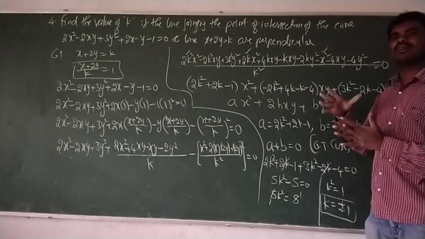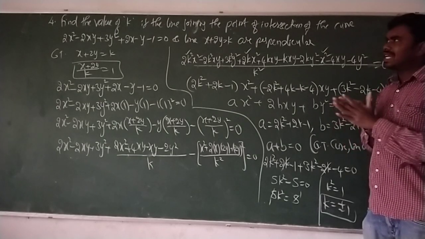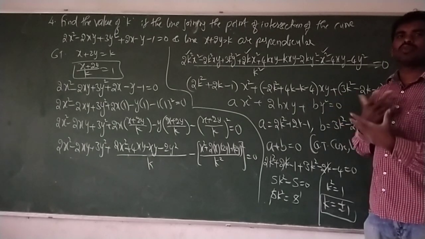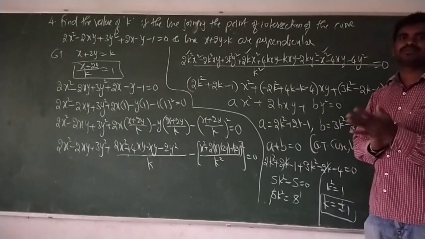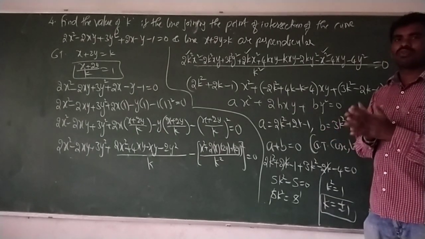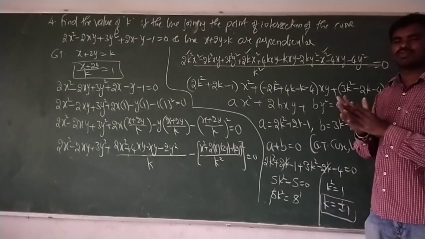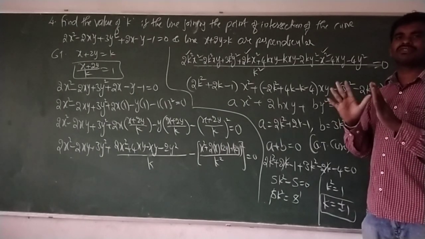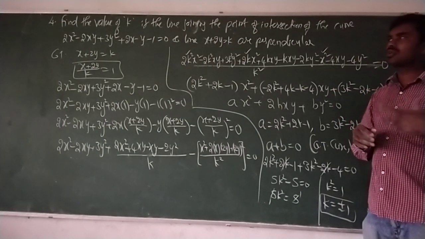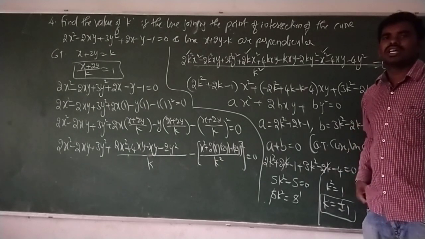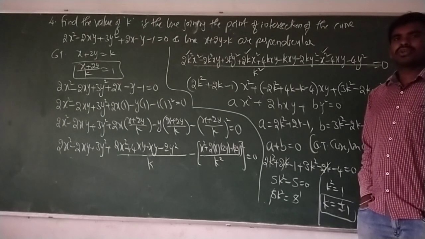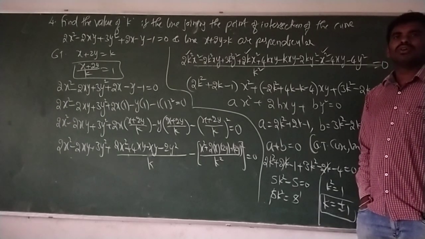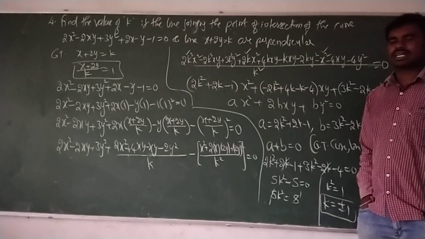Almost all I covered in less time, and to get more marks, in the examination we must know what are 7-marks questions, what are 4-marks questions, what are 2-marks questions. If you know this from the beginning, you can easily understand the examination pattern.